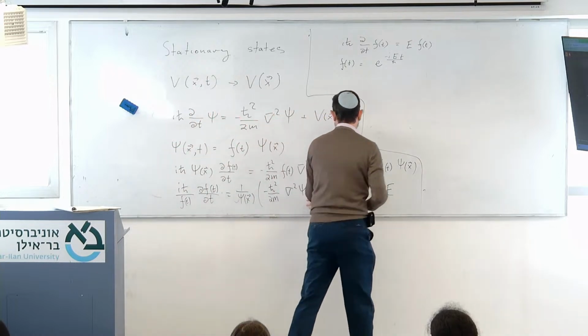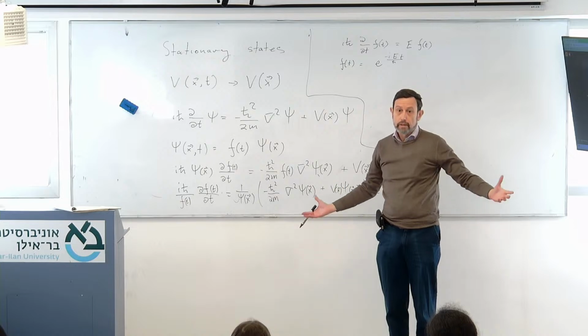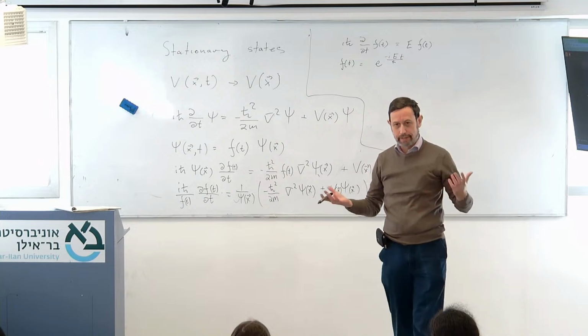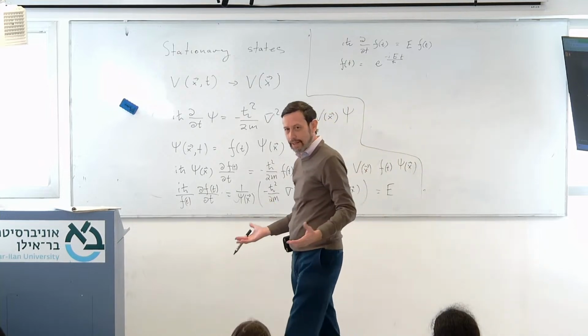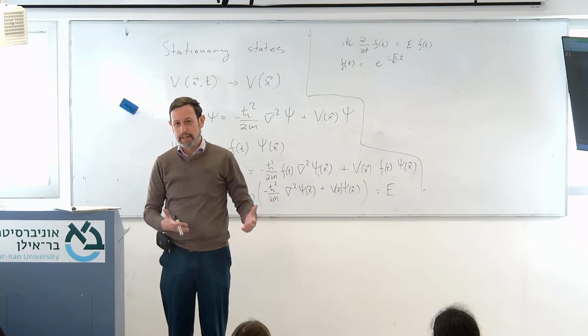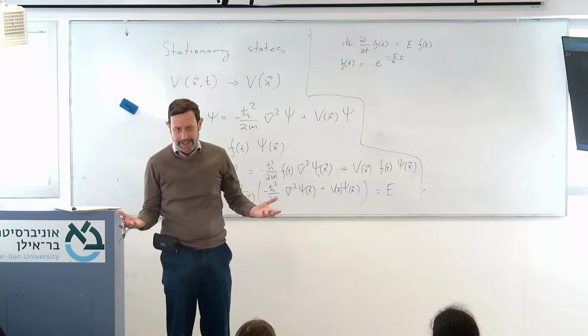What is the solution to the right-hand side? Well, it depends on the potential. I can't answer, it's unique for any case. A one-dimensional square well doesn't look like the solution of a hydrogen atom.